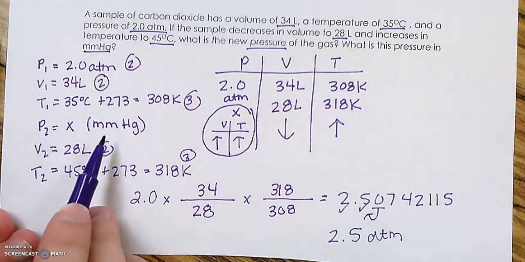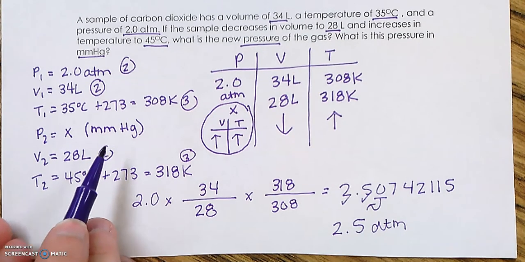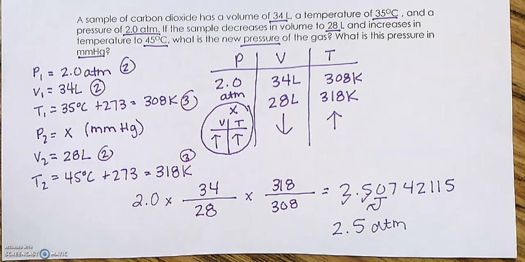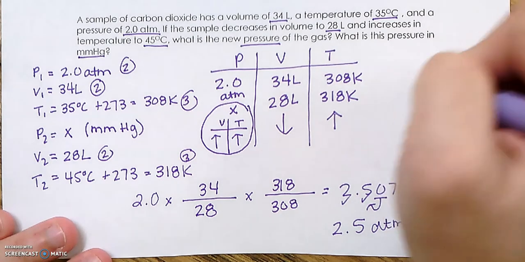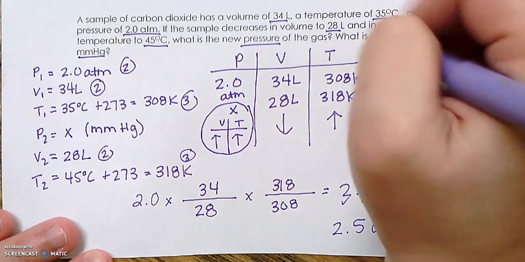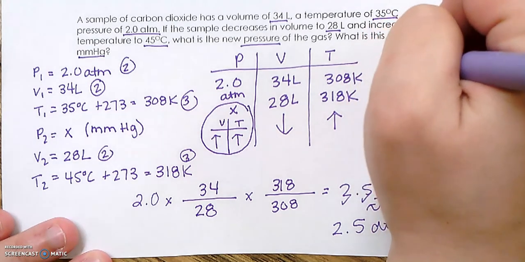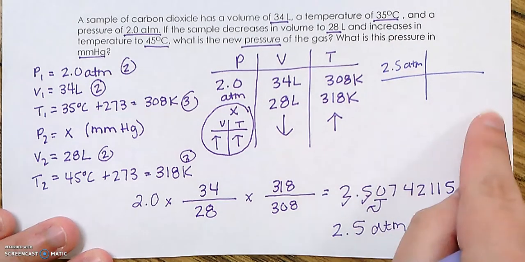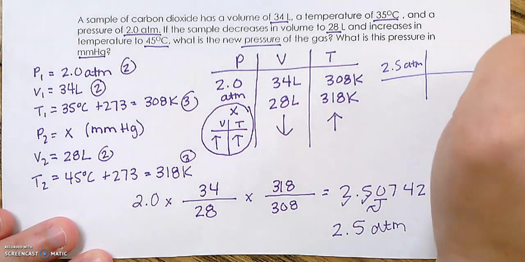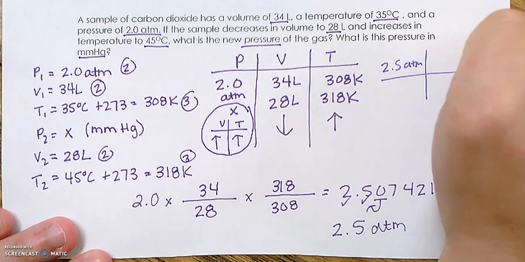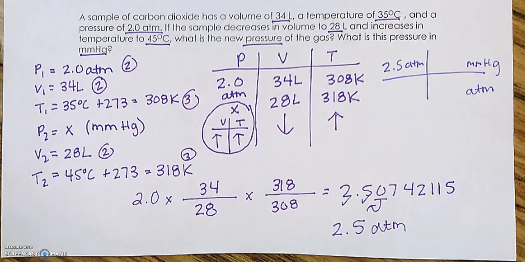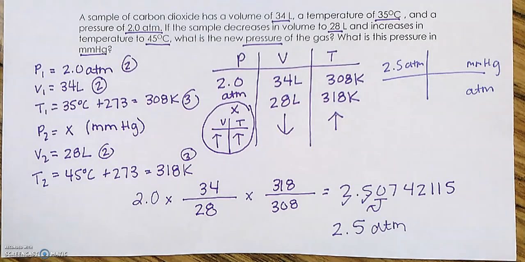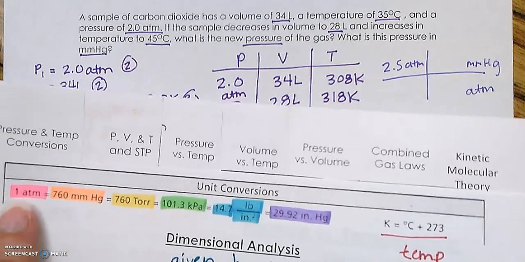But I put myself a reminder here that it also wants to know what the new pressure is in mmHg. So let's look at doing that conversion. Now remember, this is when we used our dimensional analysis. So I have 2.5 atm. I have atm up here, so I need atm down here. And I'm going to millimeters of mercury. So if we flip back to the tab for pressure and temperature conversions, we can see that the number in front of atm is 1.